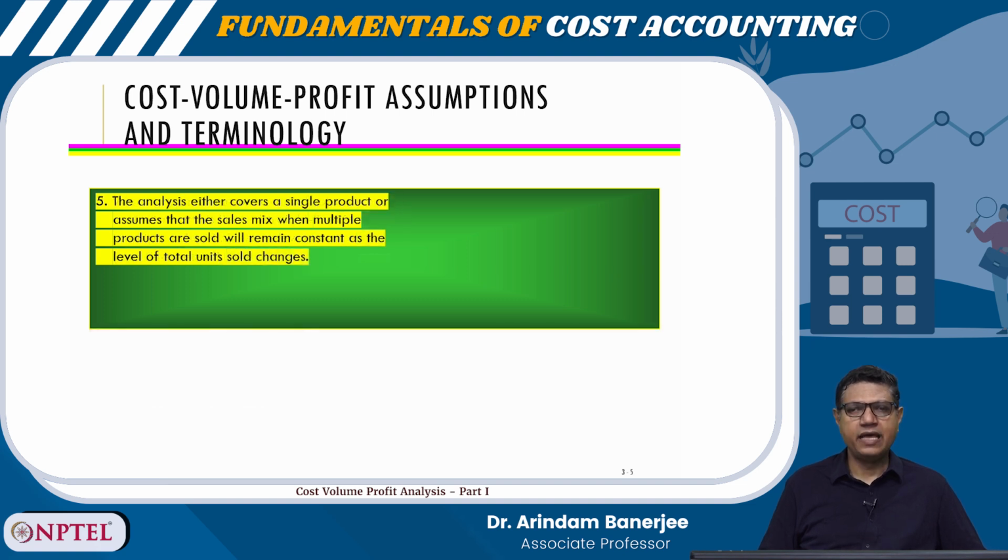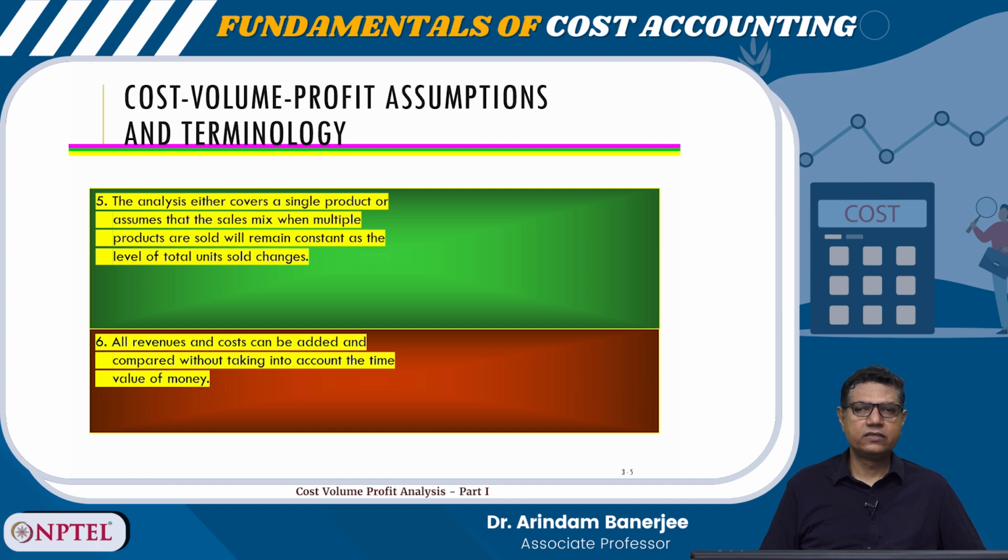Number 5, the analysis either covers a single product or assumes that the sales mix, when multiple products are sold, will remain constant as the level of total units sold changes. 6, all revenues and costs can be added and compared without taking into account the time value of money.